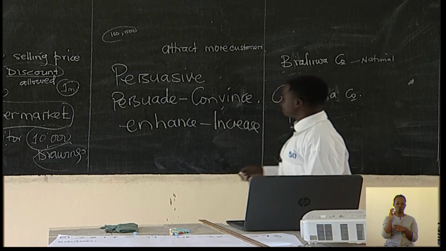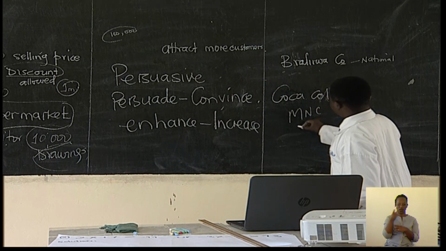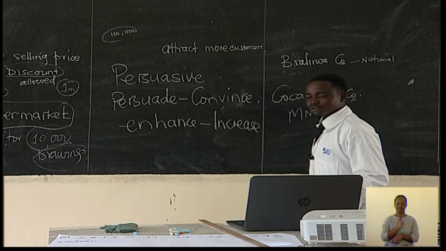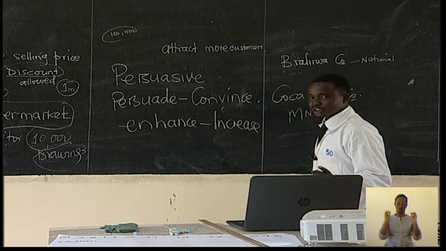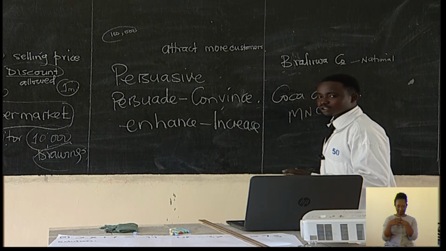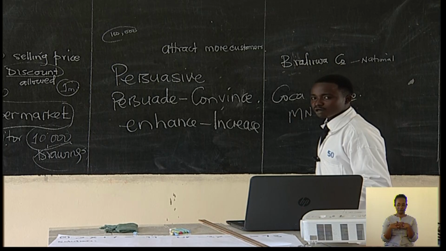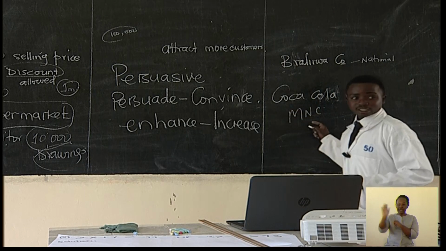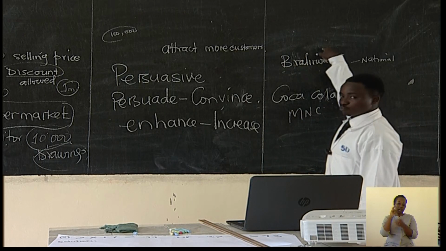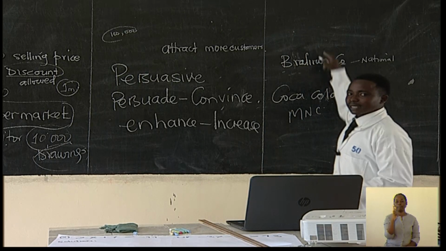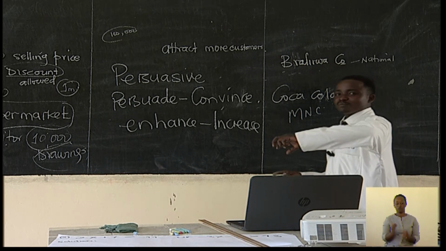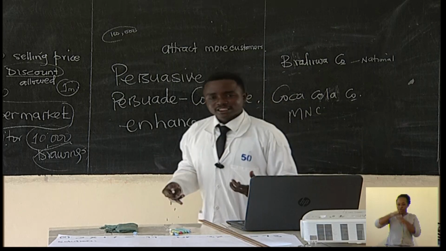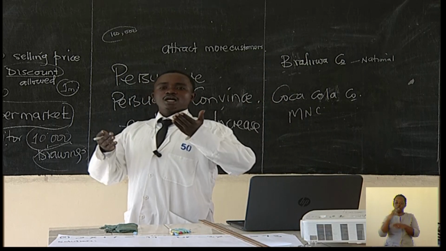Now, these 2 companies, Coca-Cola is a multinational company which has its headquarters in Washington. That is where its headquarters are. It works or it operates across the globe in many countries. So its brand names are being used by Bralirwa to promote its products. You start up a company, then you use the brand name of another company which is already in existence or which is already known, such that you can promote your products.